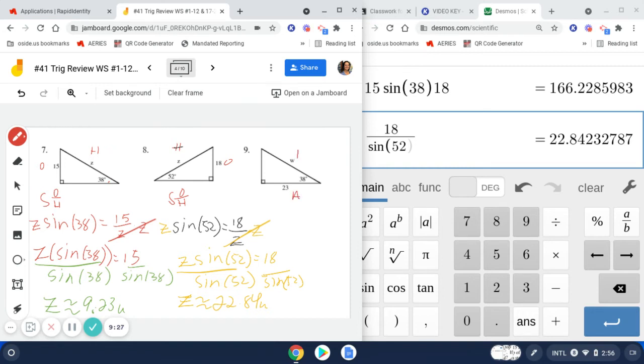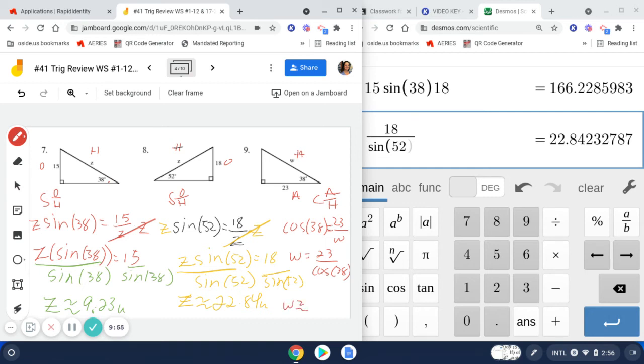Notice we've got an adjacent and a hypotenuse. Did you say cosine? Cosine of 38 is equal to adjacent over the hypotenuse. Are you starting to notice the trick of the dividing? This one is going to be W equal to 23 over the cosine of 38, after you multiply by the denominator of W and then divide by the cosine.